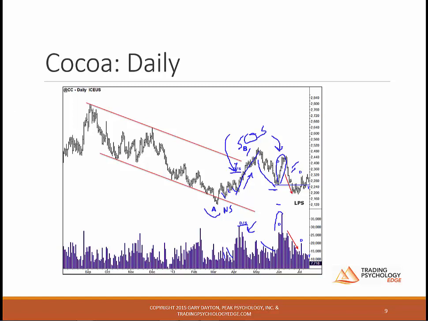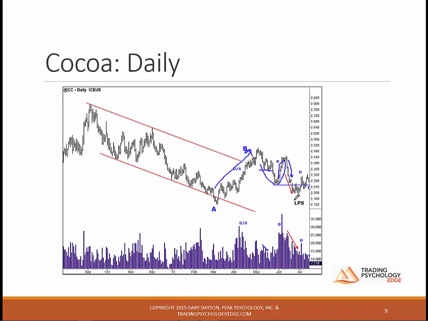Okay? And it doesn't happen in a flash. It takes time. It's a process. So we can certainly say that buyers are stepping up to the plate here, and that sellers are not very strong, although they do take the market down. Maybe we would have liked to have seen them hold at a higher level in here, but that doesn't happen. Demand comes back in, but then suddenly supply is pushing the market down as well.